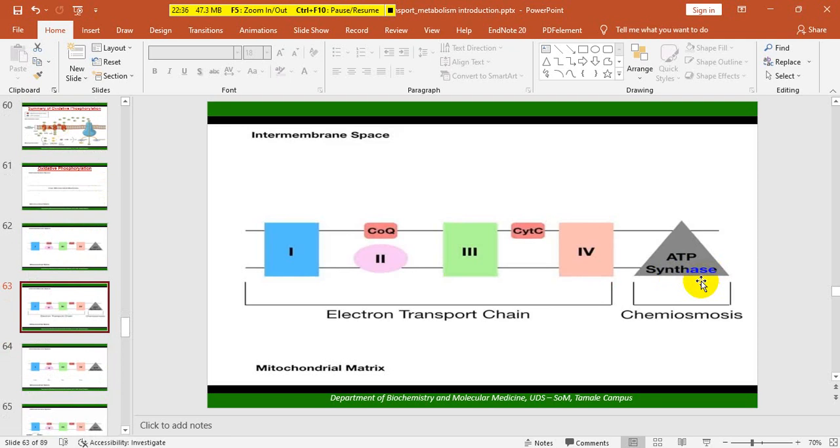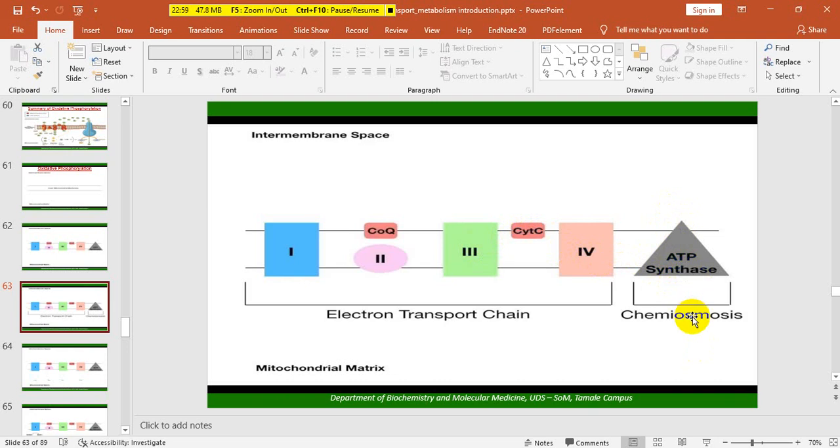So over here we have the electron transport chain, because we are transporting electrons through complex 1 to coenzyme Q, to complex 3, cytochrome C, complex 4. Then the protons will pass through the chemiosmotic channel under the auspices of ATP synthase to produce more ATP.